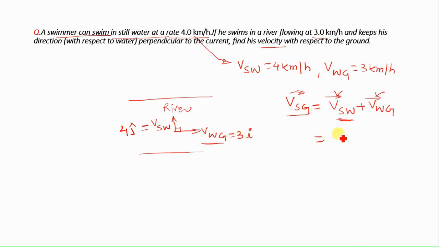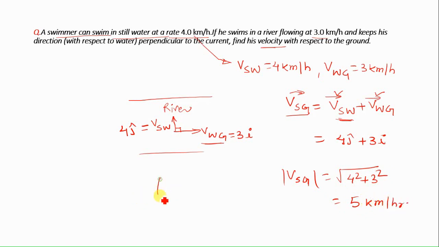So it is 4 j plus 3 i. When we take the magnitude of the velocity of swimmer with respect to ground, it is the square root of 4 squared plus 3 squared, which is 5 km/h.